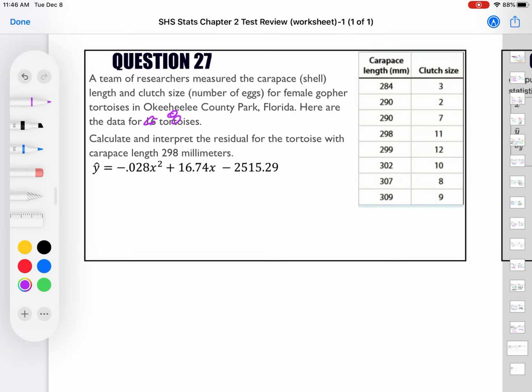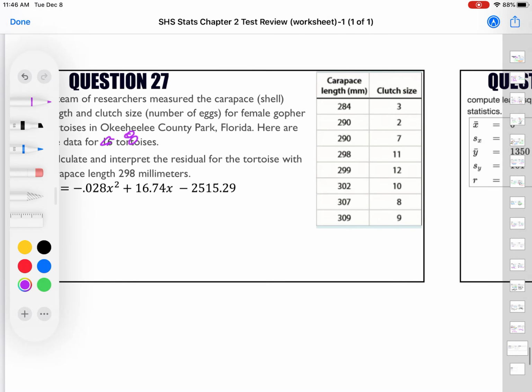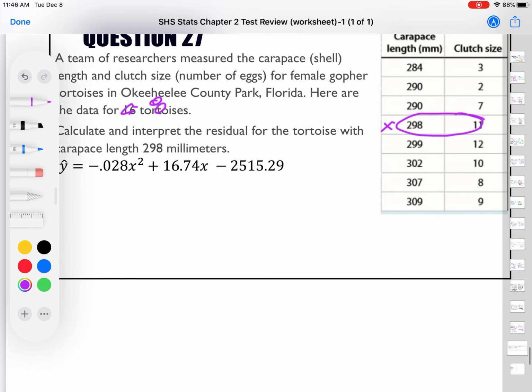Interpret the residual for the tortoise with a carapace of 298. So that would be this one. So this is my X value, and then we'll subtract that by 11. Just use my calculator so this goes faster.